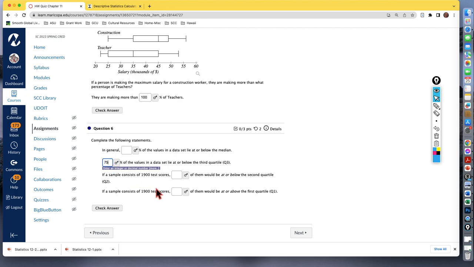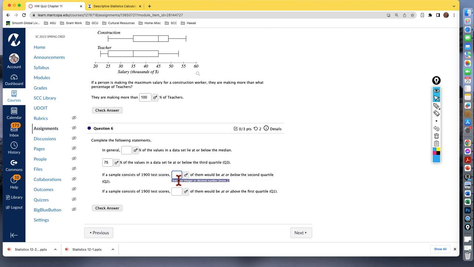If a sample consists of 1,900 test scores, blank of them would be at or below the second quartile. It's the median, isn't it? 50%. What's 50% of 1,900? Let me just calculate.